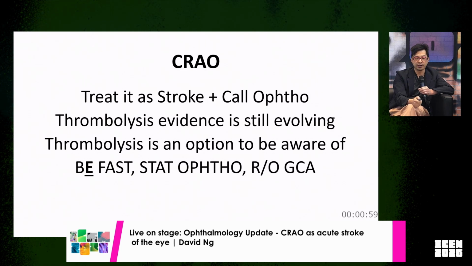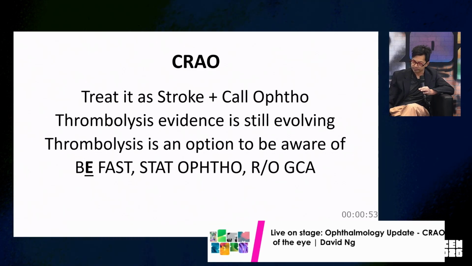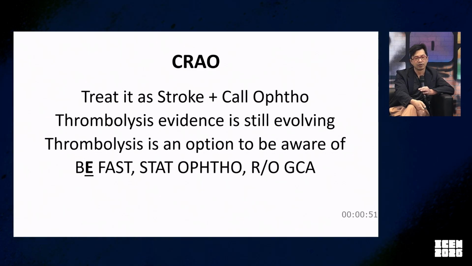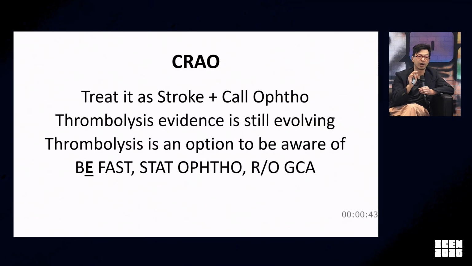If you're going to do this, you've got to be fast because you've got to get this done in 4.5 to 6 hours. You're going to call stat ophthalmology, and while you're doing that, rule out giant cell arteritis.